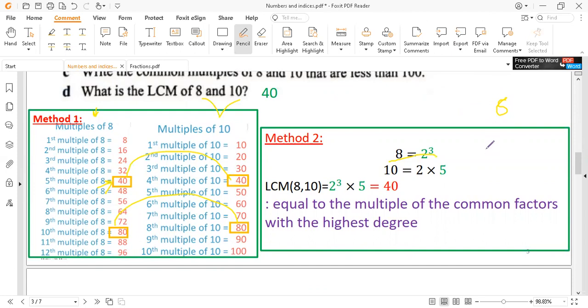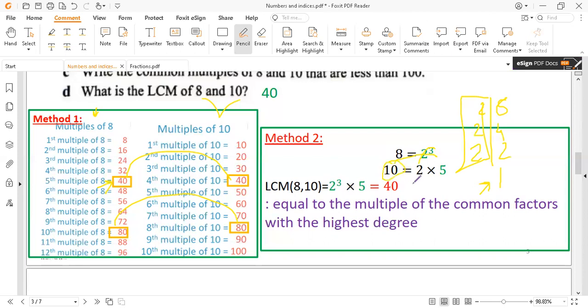Normally we start with the lowest one, to try if 8 is divisible by 2. If it is divisible by 2, we obtain 4. Starting again with 2, we obtain 2, and finally 2 divided by 2 gives 1. When we obtain 1, we stop the process and say that 8 is 2 to the power 3.